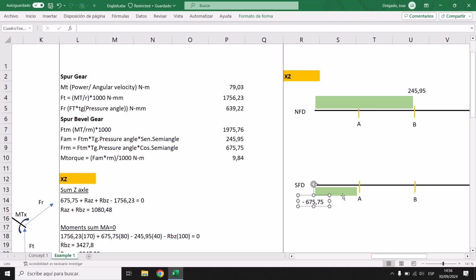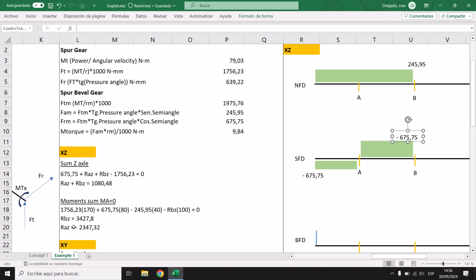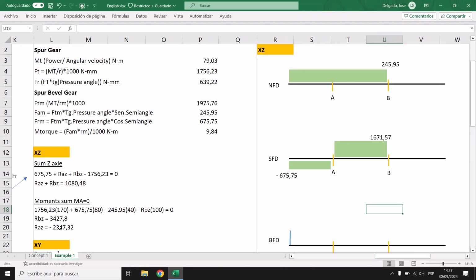Then you should just subtract the net force in case of A. In this case we have 2347.32. So now your result is going to be 1061.57.